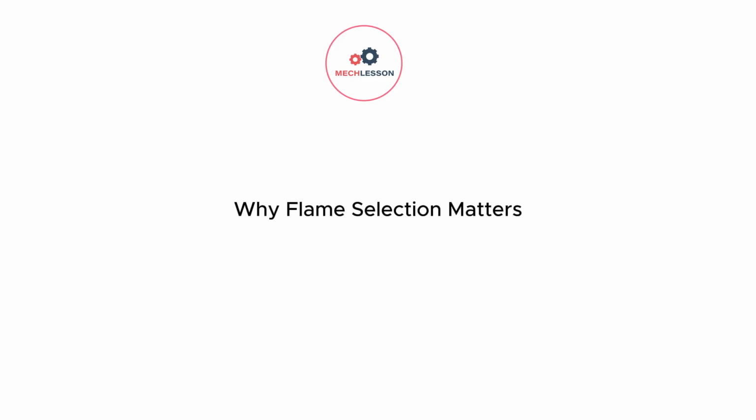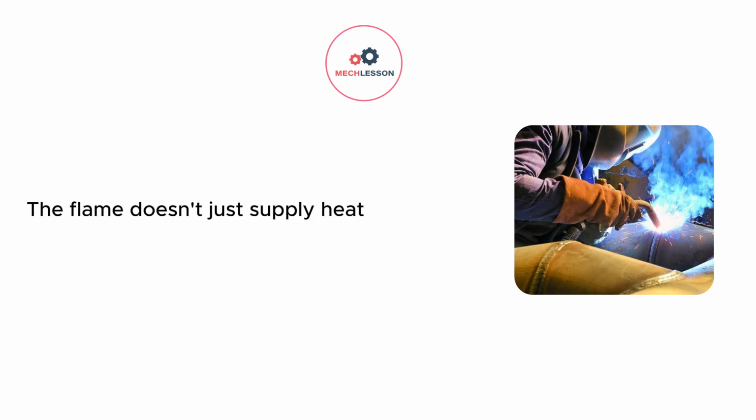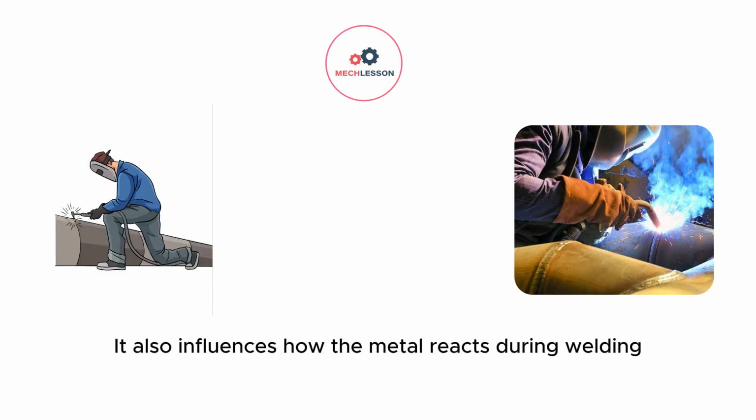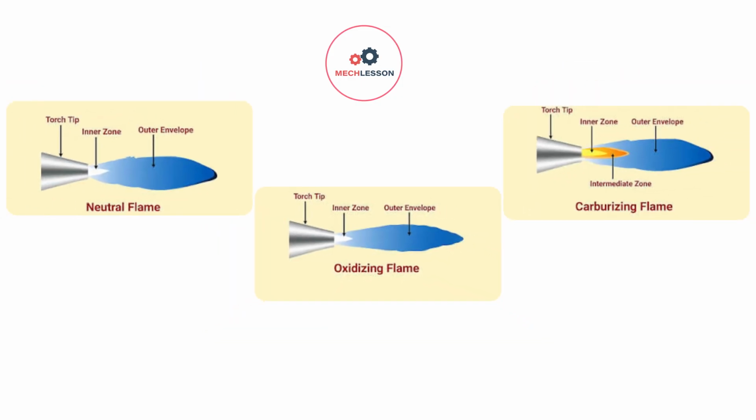Why flame selection matters. Think of a gas welding flame as the personality of the weld. The flame doesn't just supply heat, it also influences how the metal reacts during welding. A properly selected flame can produce stronger welds, improve appearance, reduce defects, prevent contamination, increase productivity, and extend component life.